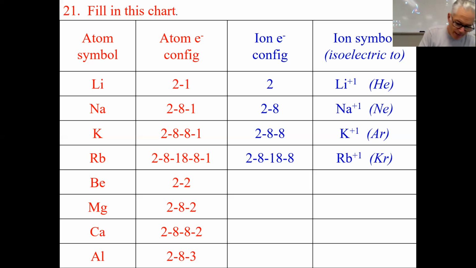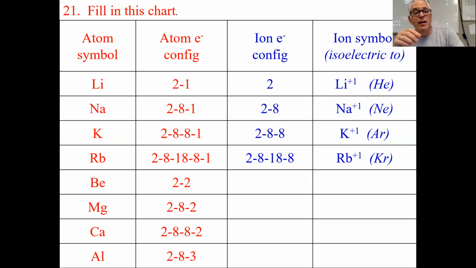I'm going to put right there a little +1, because everything in group 1, lithium, sodium, potassium, rubidium, cesium, and even francium, they all make only +1 ions. That's why they're all in the same group together. They all bond the same way. Group 1 metals are similar. Atoms in the columns, in the groups, are similar.